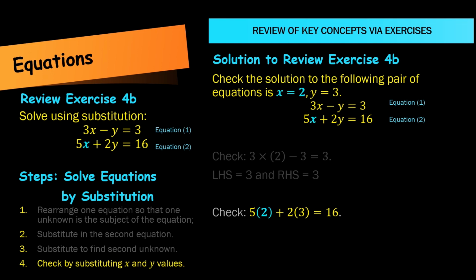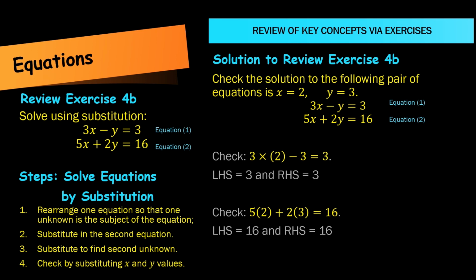The left-hand side is 16 and the right-hand side is 16 anyway. So therefore the solution satisfies the second equation also. So x equals 2 and y equals 3 is the correct solution for this pair of equations.